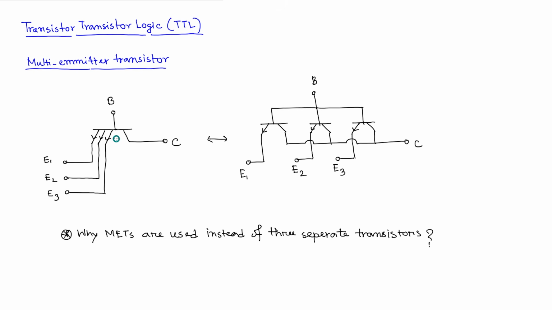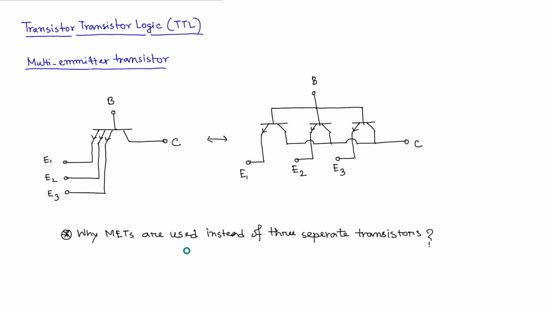Here, because we have three different junctions from base to three different emitters, if any one of these three junctions can be forward biased through the application of voltage, then this whole device will become active. That is the idea, because in one of the three paths the current will flow, in active or in saturation mode. So that's how it works.